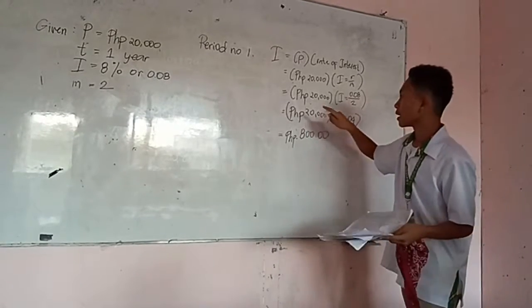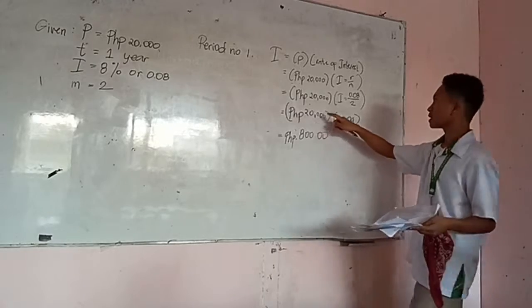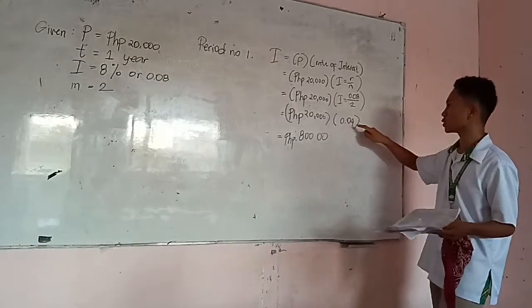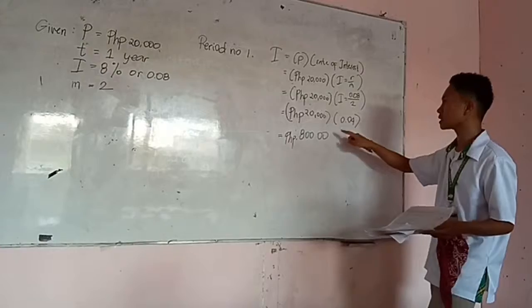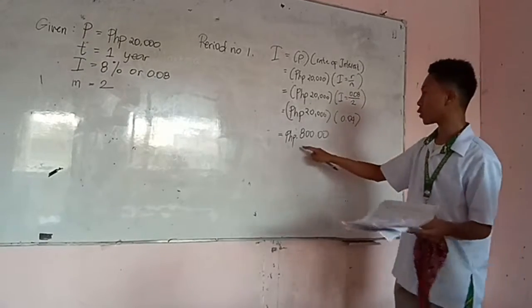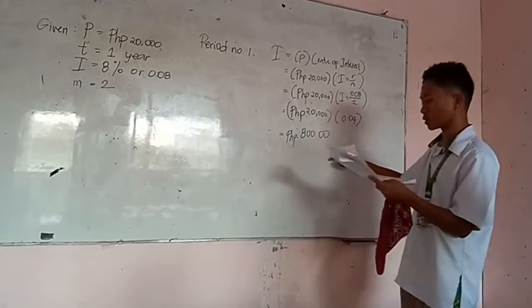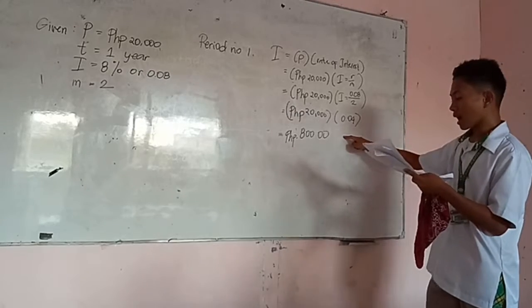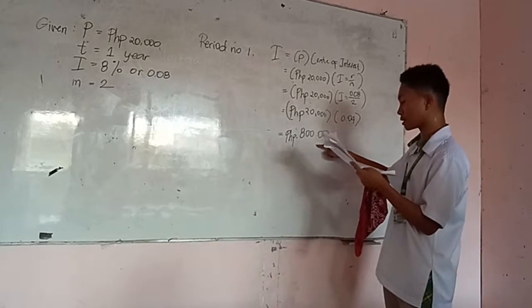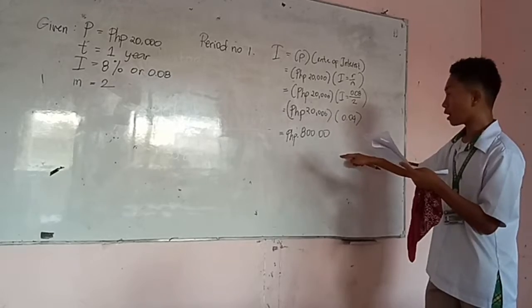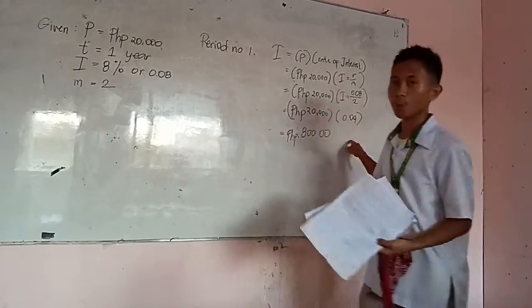The answer for this is 0.04. So 20,000 times 0.04 is equal to 800 pesos. So this 800 pesos is the interest for period number 1.